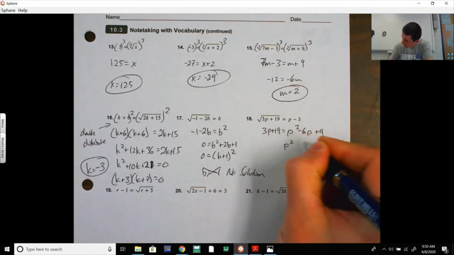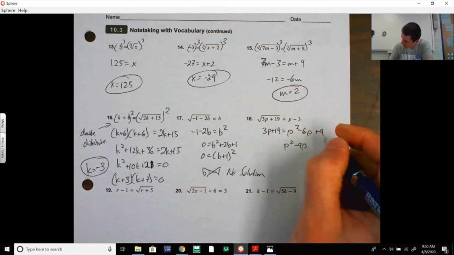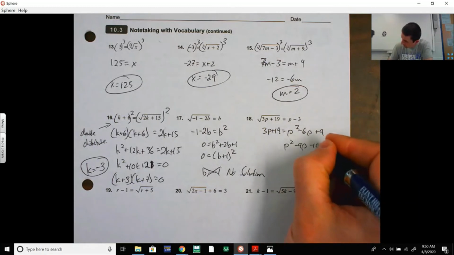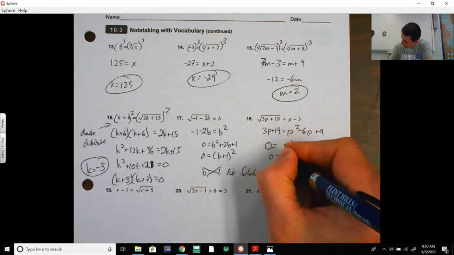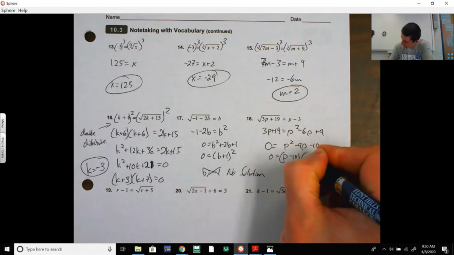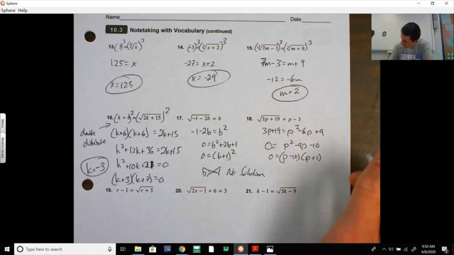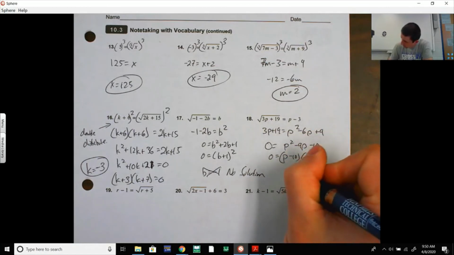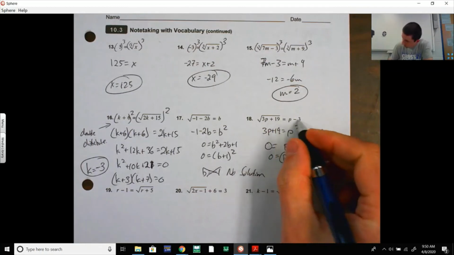So p squared minus 9p minus 10 equals 0. So 0 equals p minus 10 times p plus 1. And the only answer there would be 10. P equals 10. Negative 1 would not work if you plug it in.